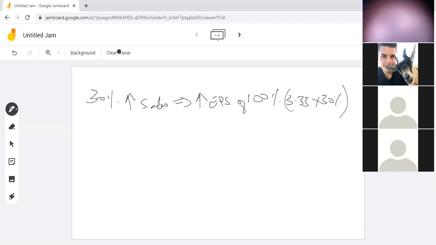You're not taking 30% of this, right? You're multiplying it by 30. It's going to increase by 30 times. So maybe the percentage on it is not so appropriate.